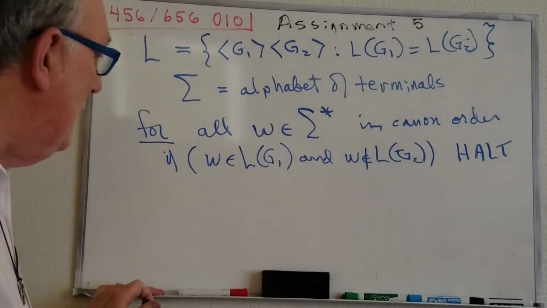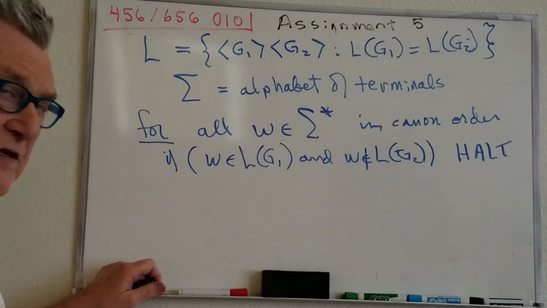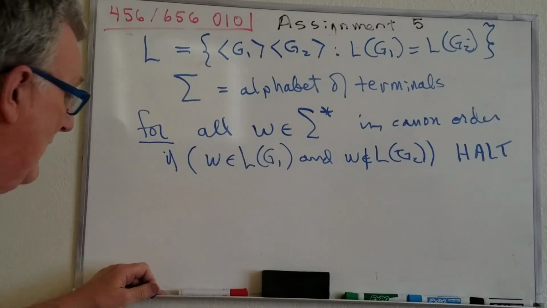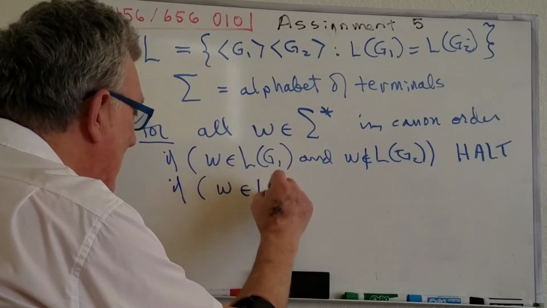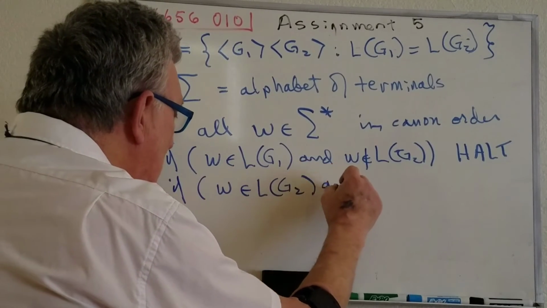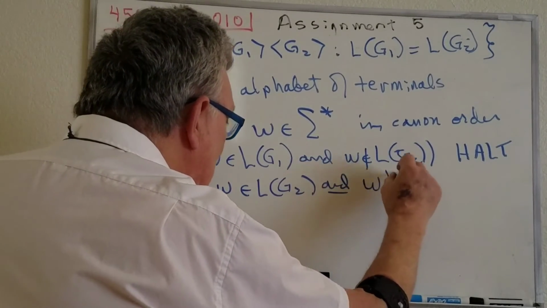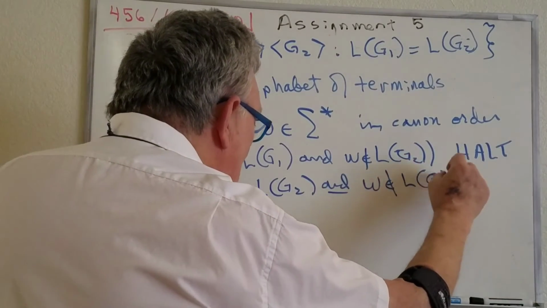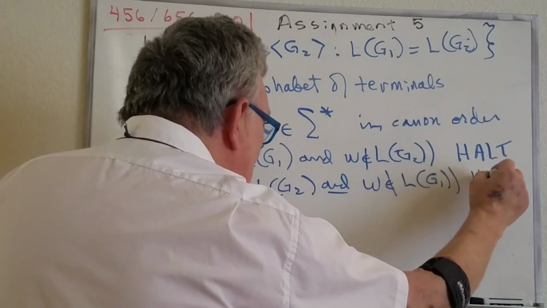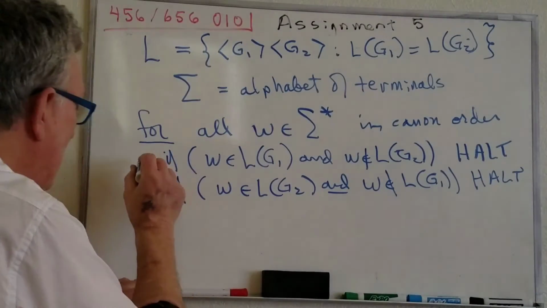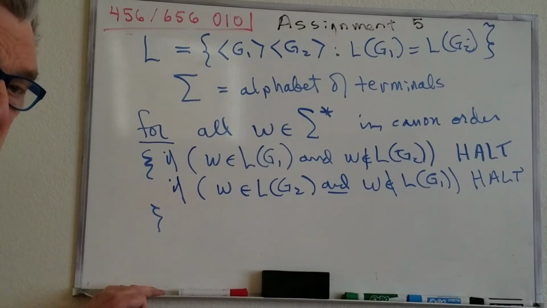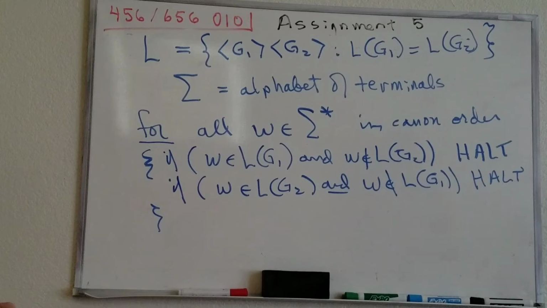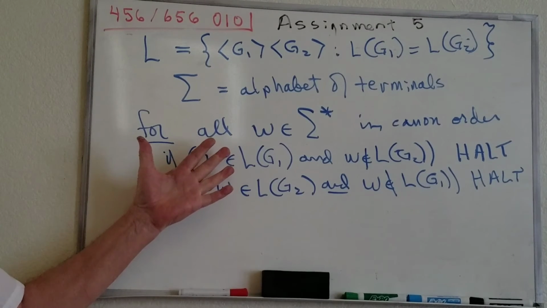Because we now have a proof that LG1 is not equal to LG2, because there's a string that's in one but not the other. On the other hand, if you do it the other way, if W is a member of LG2 and W is not a member of LG1, then again they're different, they're not equivalent, so we halt again. Now, if neither of those is true, our infinite loop just keeps running. If the languages are actually the same, this program never halts. So it doesn't give you the answer.